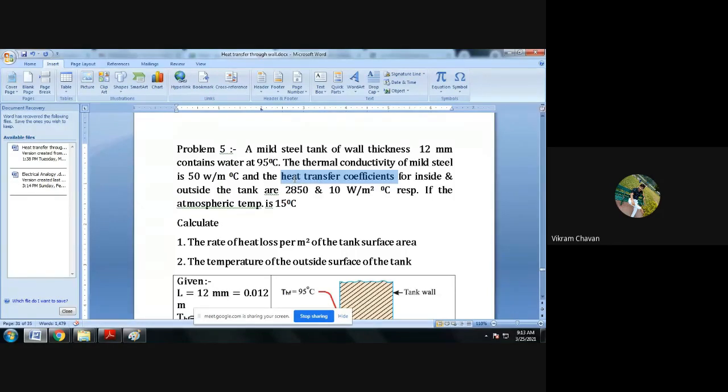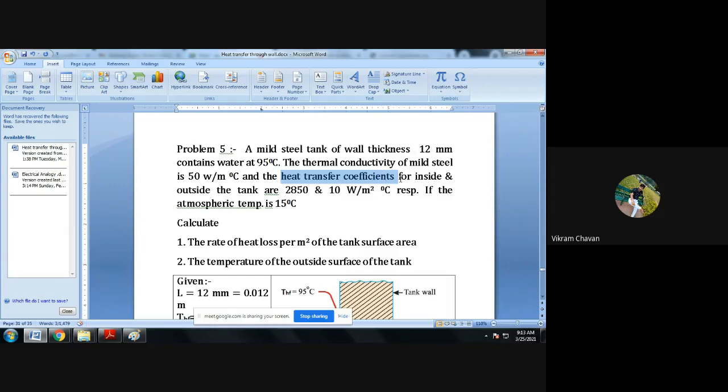For the inside, water is present inside the tank, so from hot water to tank wall, heat is transferred by convection. In that case, we require the convective heat transfer coefficient.